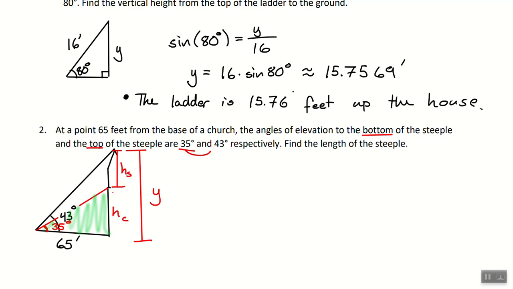I know the adjacent, and I'm going to use that to find the other side. So let's find the opposite, because we have the adjacent and the angle. Which trig function? Tangent. So I know at this point that the tangent of 35 degrees is equal to the opposite, y, over the adjacent, 65.